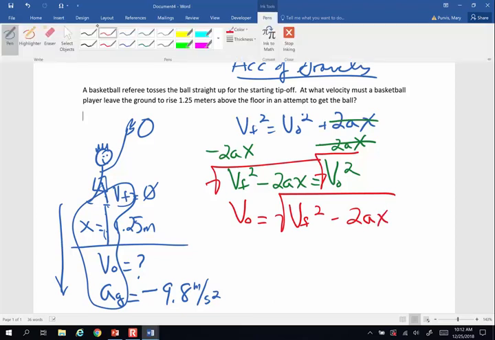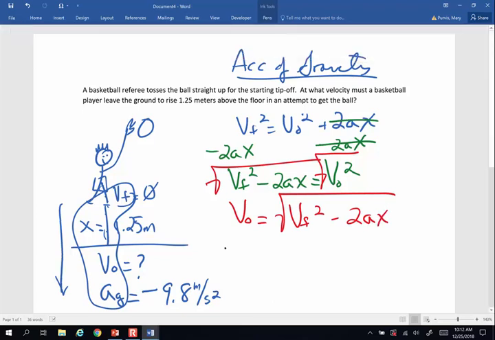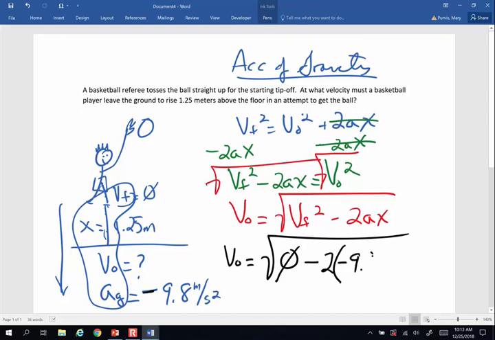So let's put our numbers in and see what we get. Original velocity is going to be my final velocity, which is 0, minus 2 times a negative 9.8 because it's slowing. And how far is this player going to travel? He's going to travel in a positive direction.